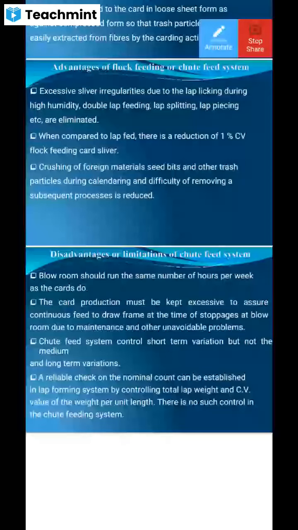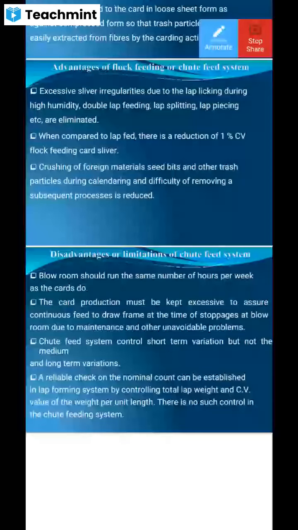Now, the short-term variation is over, go for medium-term variation. Up to 100 meters of yarn comes under the medium-term variation. From 101 meters to 1 kilometer, that is the long-term variation. Here, you understand the chute system controls the short-term variation.